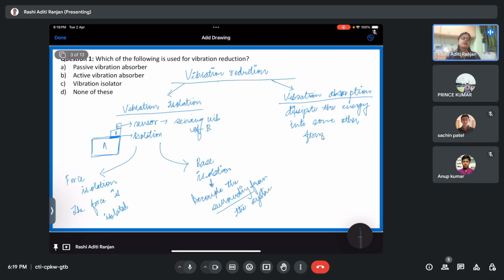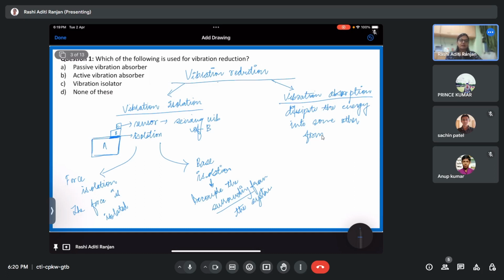Next comes vibration absorption. Vibration absorption basically means that we would dissipate whatever vibration is produced. Like, for example, a car has a damping system through which the vibration is dissipated. If the car goes over a bump, the vibration produced is not transmitted to the chassis of the car.